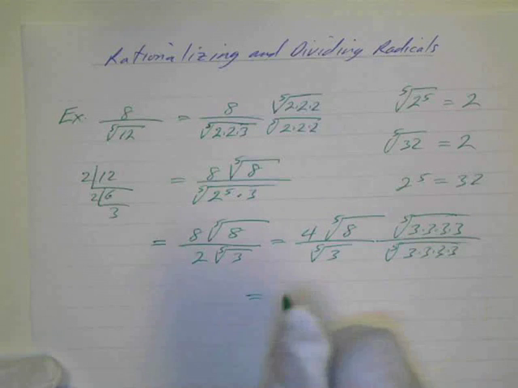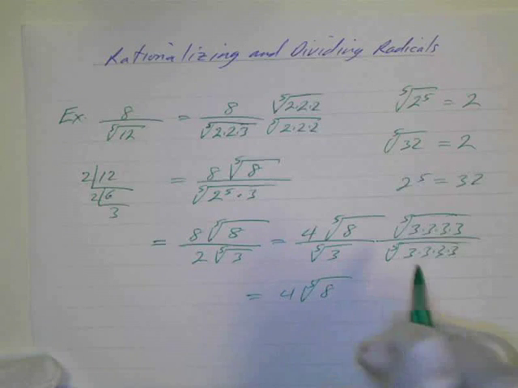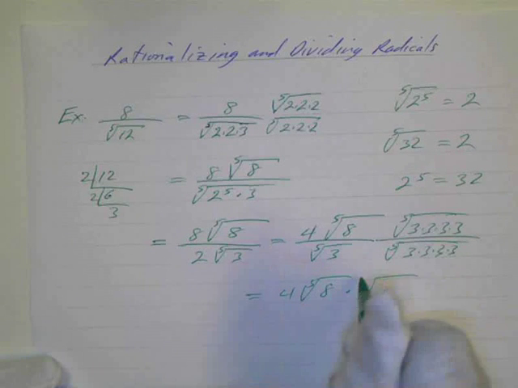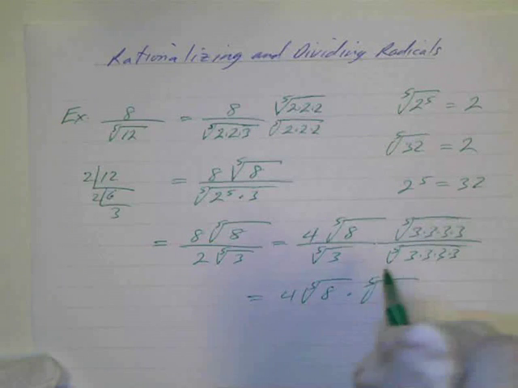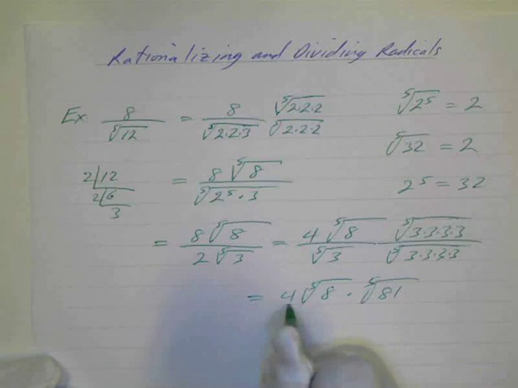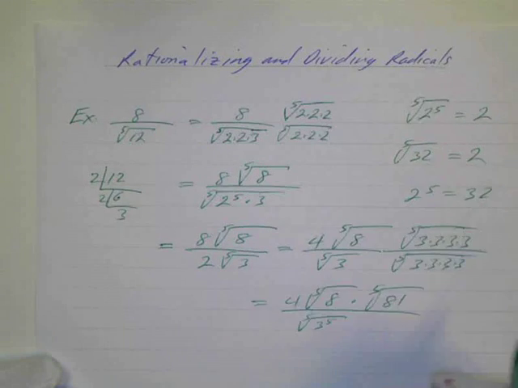And now I end up with 4 times the fifth root of 8 times the fifth root of 3 times 3 is 9, times 3 is 27, times 3 is 81. All over, and that's 1, 2, 3, 4, 5 3's, so that's just the fifth root of 3 to the fifth, which is just 3.